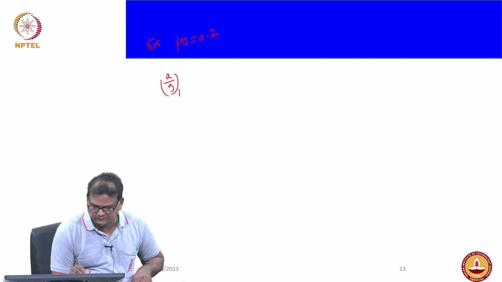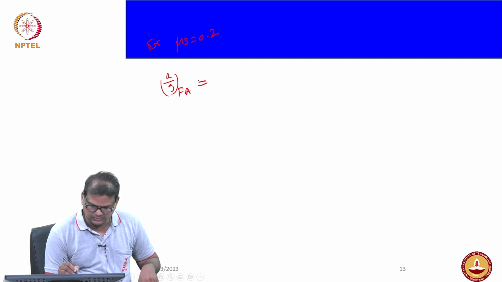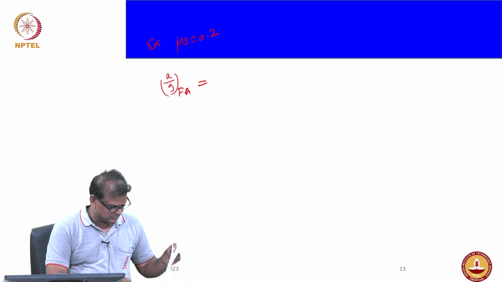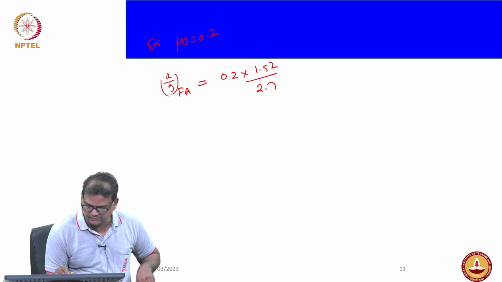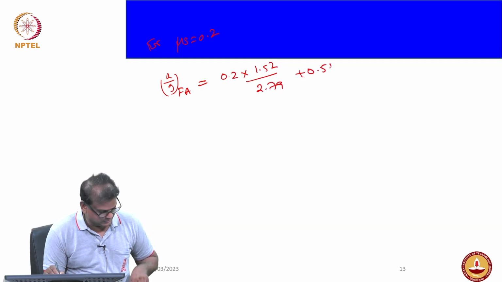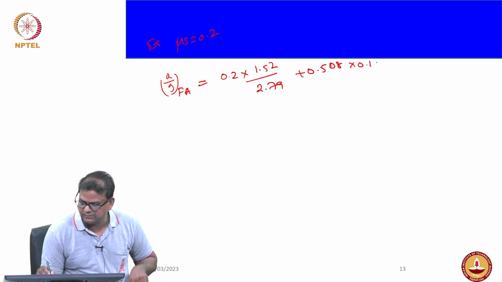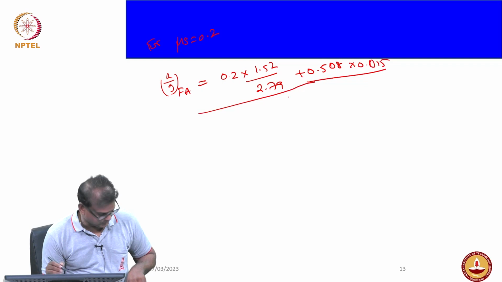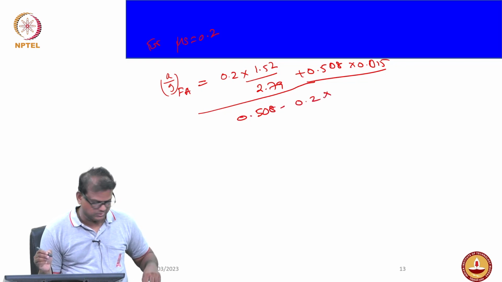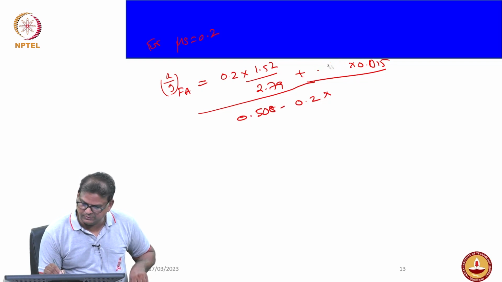A by G front axle, 0.2, 0.52, 2.79 plus 0.58, 0.015. I think there's a mistake.